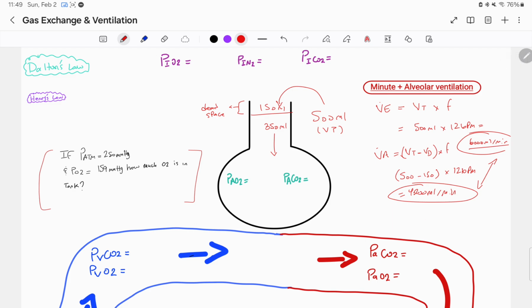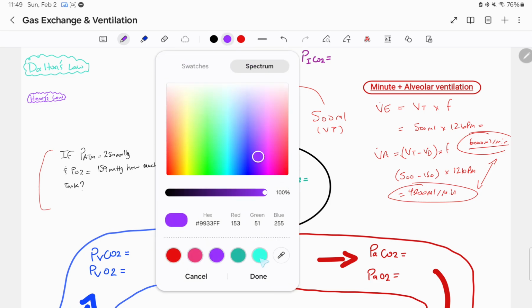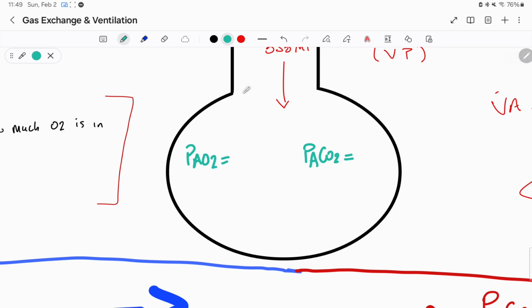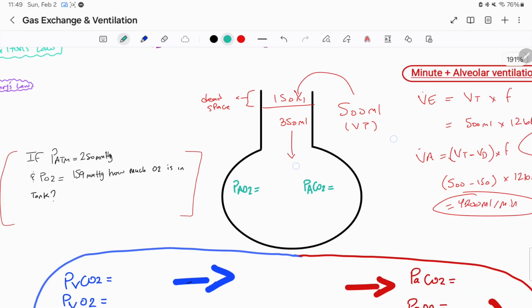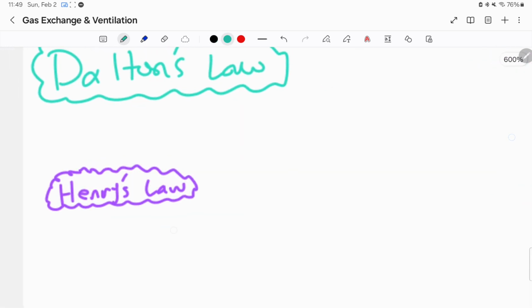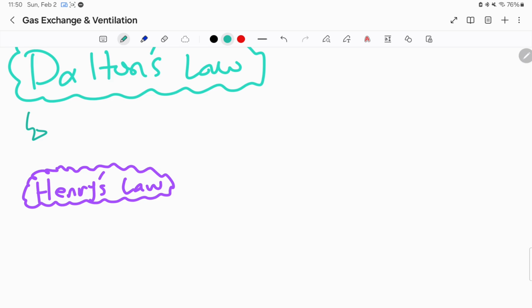Now, another thing, when we start talking about gas exchange, we have to talk about partial pressures. Hopefully some of you have heard of partial pressures before. It stems from Dalton's law. Dalton's law says that the partial pressure of any given gas is equal to the fraction of that gas in the atmosphere times the total pressure.